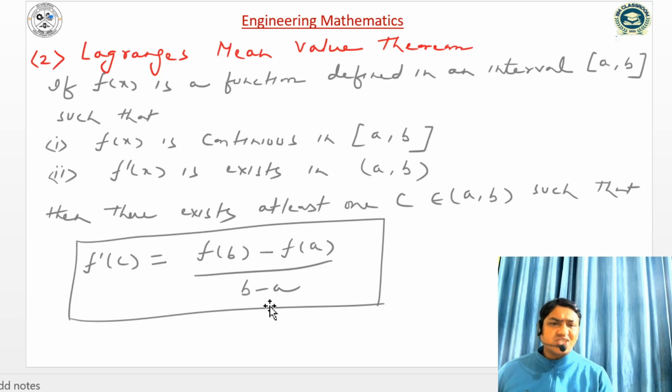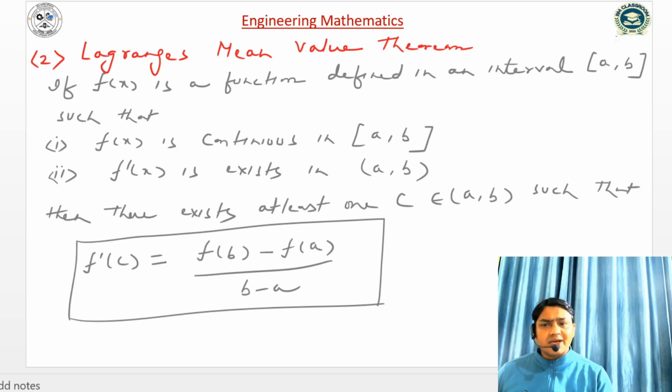Lagrange's mean value theorem has these two conditions same as Rolle's theorem. The function is continuous, f dash x exists, but in Lagrange's mean value theorem, the condition that the functional value at a is equal to the functional value at b is not required. Then in between a and b, at least one point exists where our f dash c is equal to f(b) minus f(a) divided by b minus a.